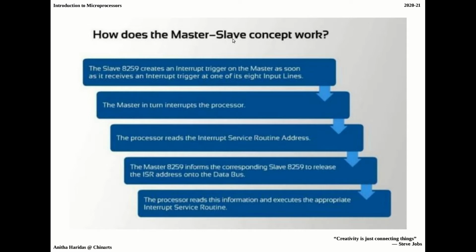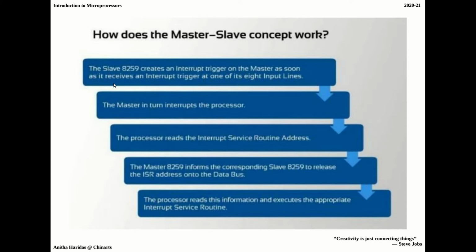In the case of master slave, the slave 8259 creates an interrupt trigger, because the slaves are the ones which will be connected to the input output devices. The slave will create an interrupt trigger on the master as soon as the slave receives an interrupt trigger at one of its 8 input lines.